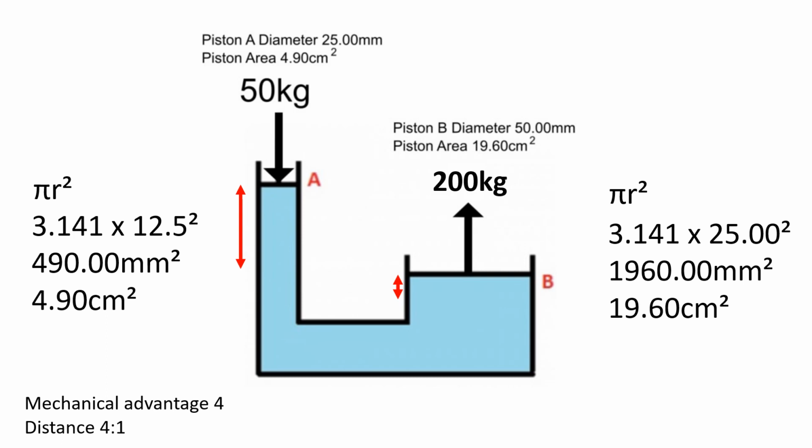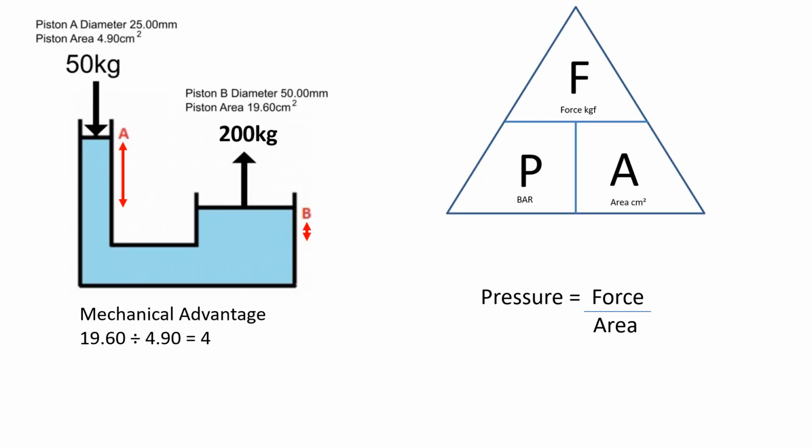Our force pressure area formula requires centimeters squared, so we'll convert the cubic millimeters to cubic centimeters. By dividing the surface area of the larger piston by the surface area of the smaller piston, we got the mechanical advantage, which is 4.